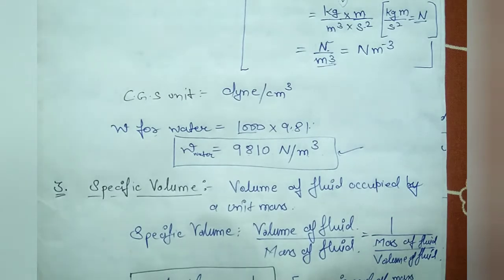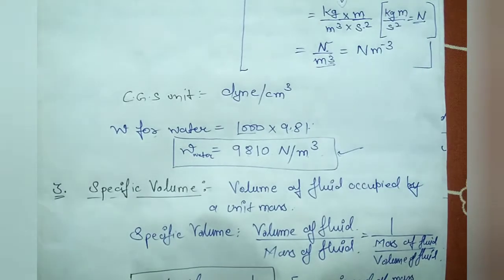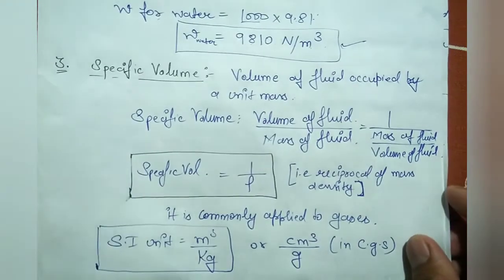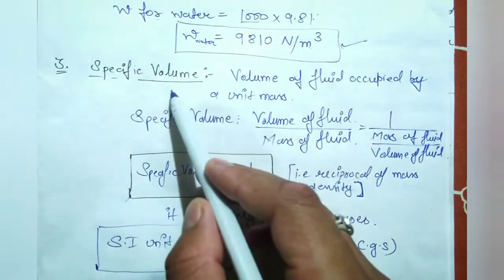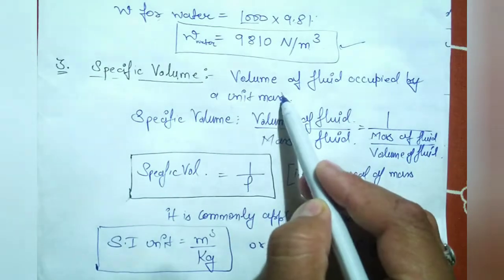So density of water is 1000 kilogram per meter cube, and a weight density of water is 9810 Newton per meter cube, okay. Now moving to third property. So here it is specific volume, okay. It is the volume occupied by a unit mass.